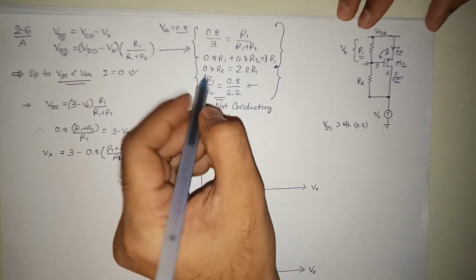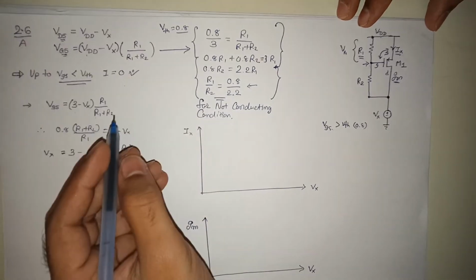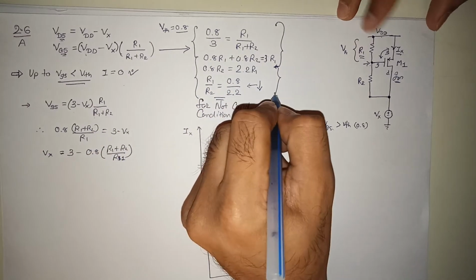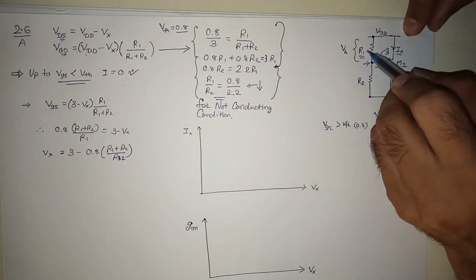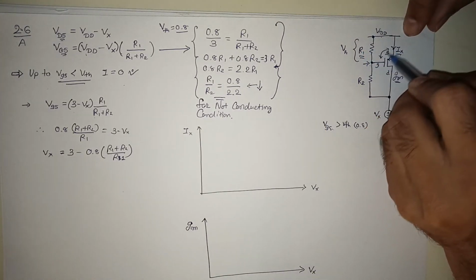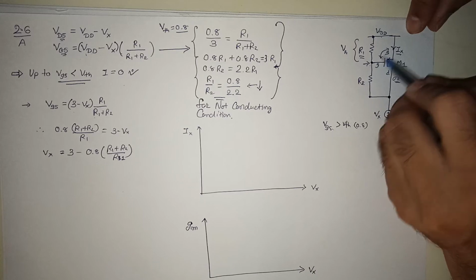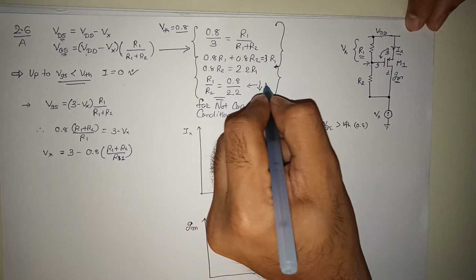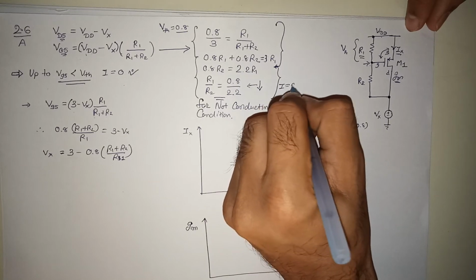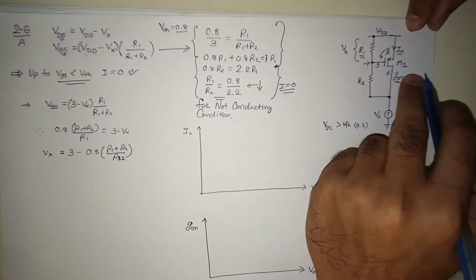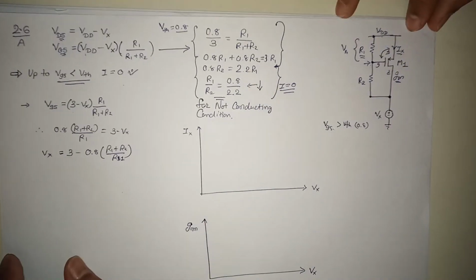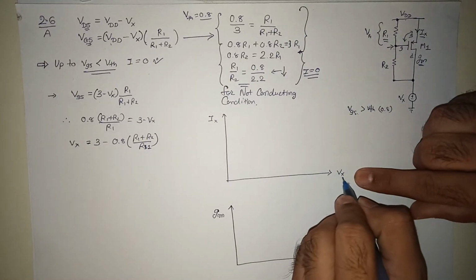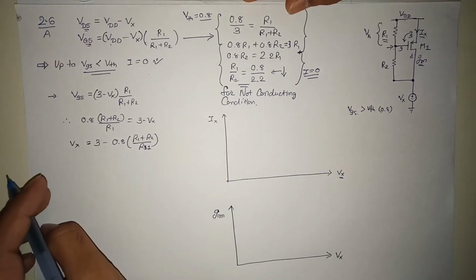If you simplify it, R1 upon R2 will be 0.8 by 2.2. If this ratio is lower than that, this drop across R1, which is the same as VGS, will not be enough to get any current. So if it is lower than that, I will always be 0, because M1, that is the PMOS, will not be on at any value of VX.